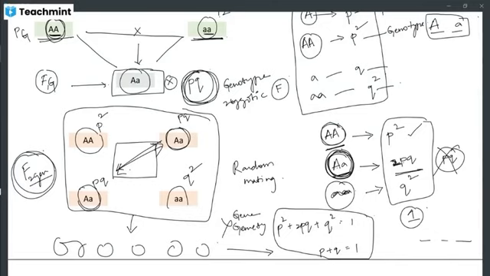But whenever the evolutionary forces such as selection, mutation, migration, and random drift or genetic drift, any of these four forces act on your population, then your population from the next generation will not be in Hardy-Weinberg equilibrium.